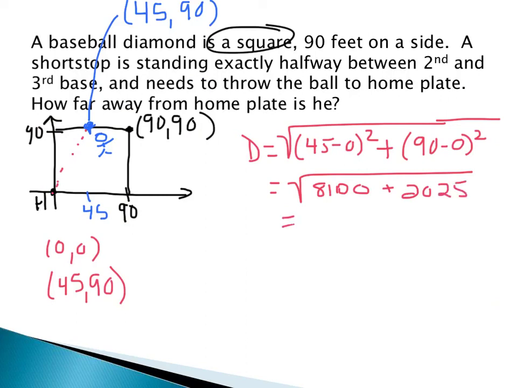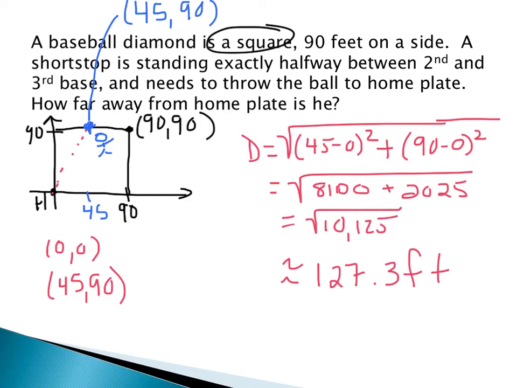Add those together and you get the square root of 10,125. Now we need to use our square root button on our calculator, and that's going to give us about 127.3 feet. And that is how far away the shortstop is from home plate.